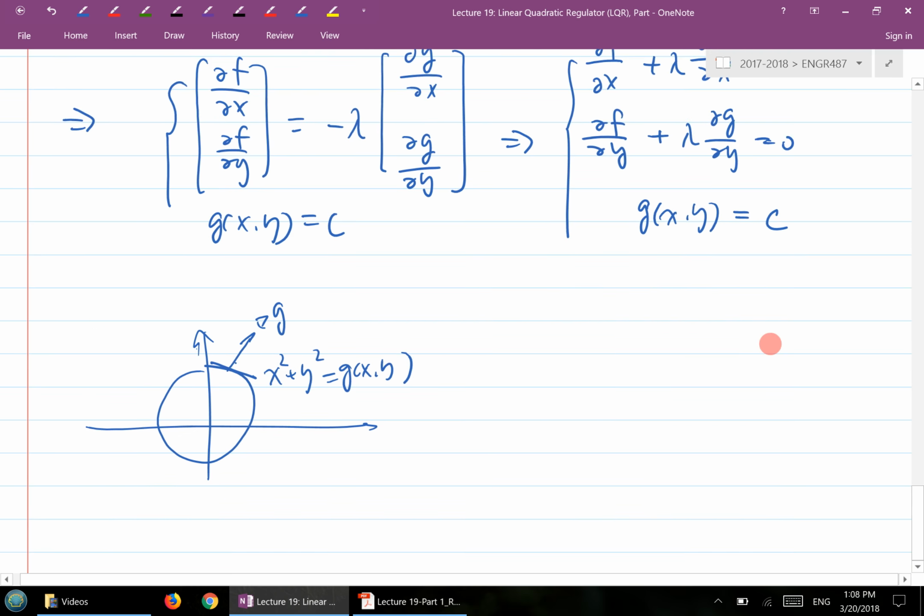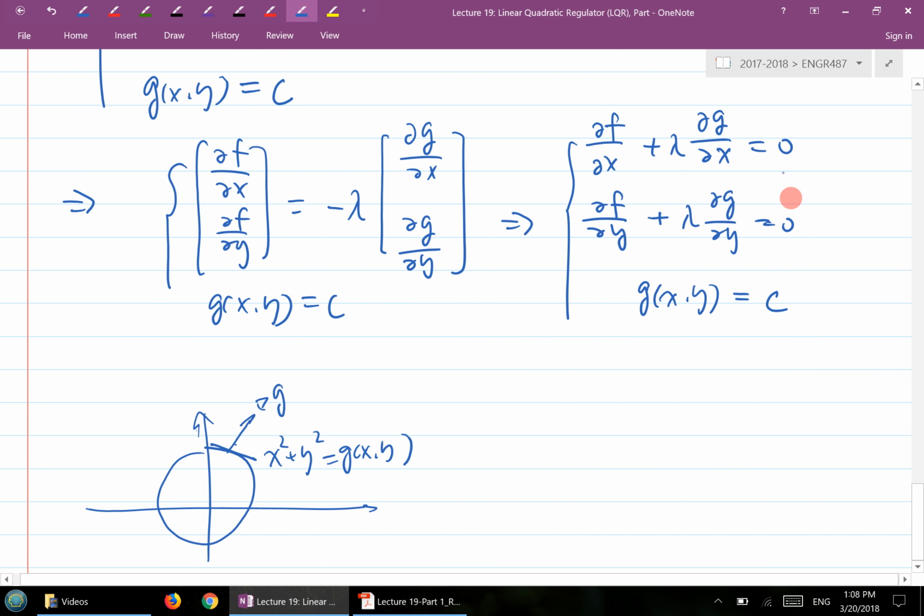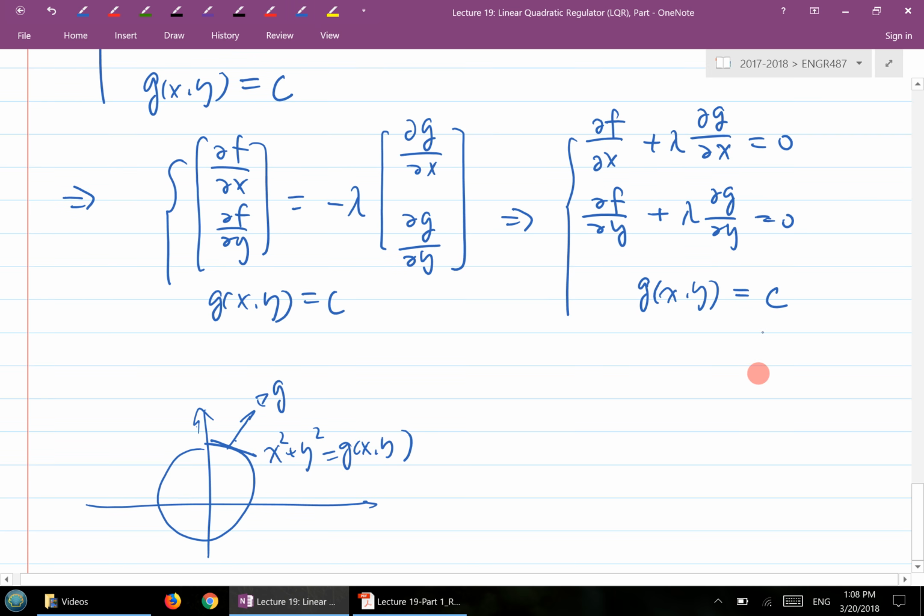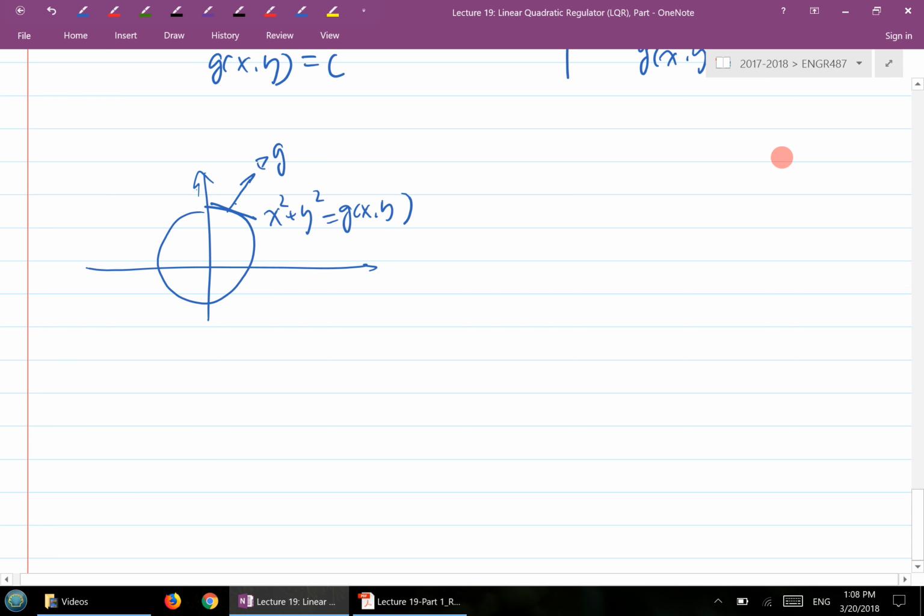So this is not the final form. We actually wanted to use that here. Now we have three equations here. Next, I want to introduce, or define, a new function here, the so-called Lagrangian.